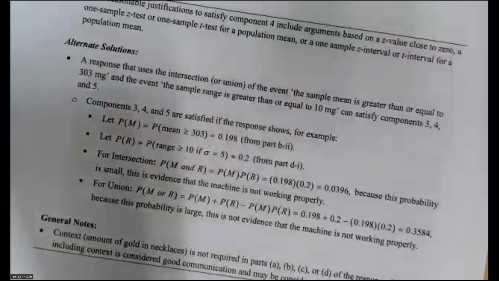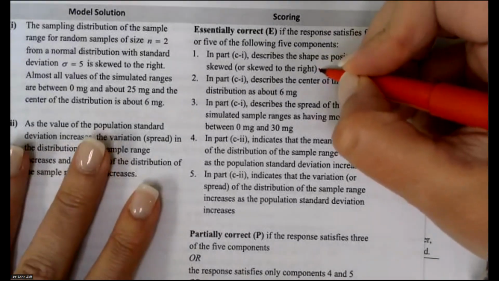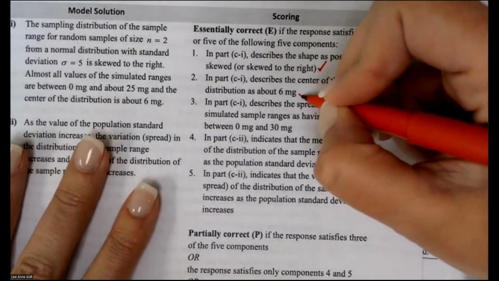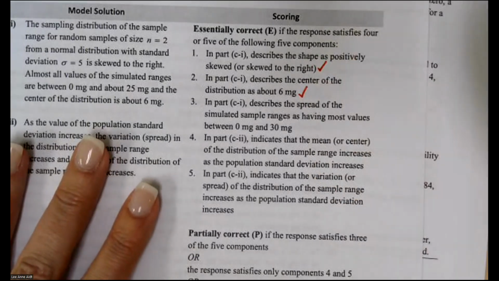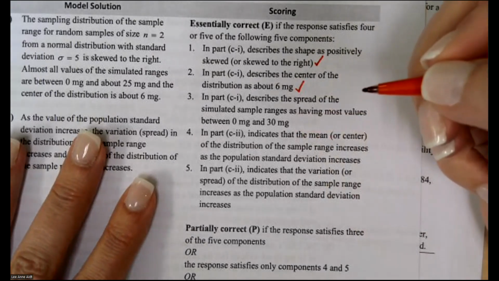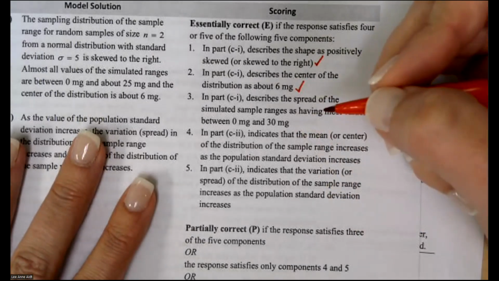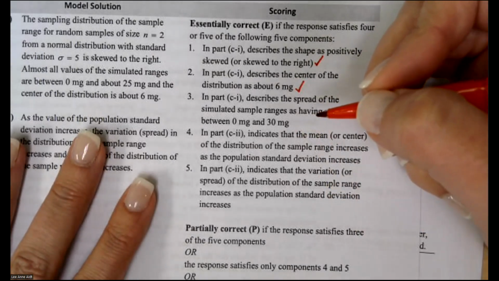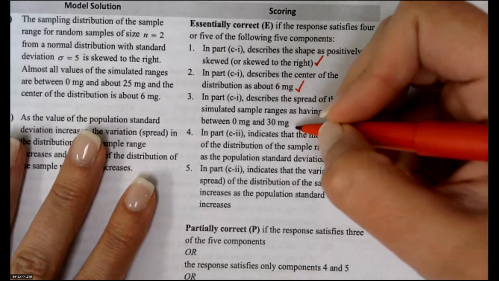C. Right skewed. Center at 6. I said something different here.